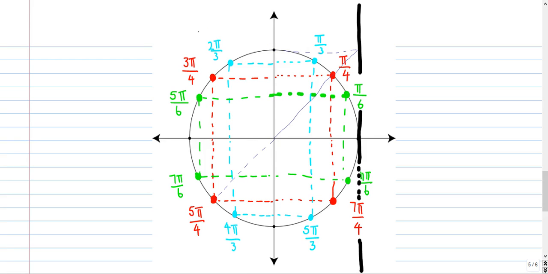So any of these angles here, you can always work out sine, cos, tan of them just by relating them back to a first quadrant angle.